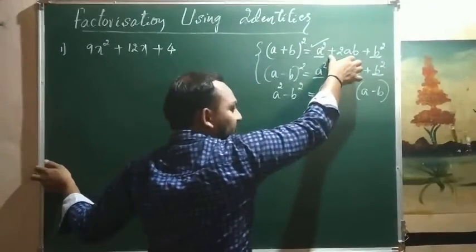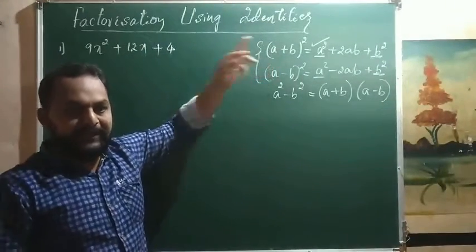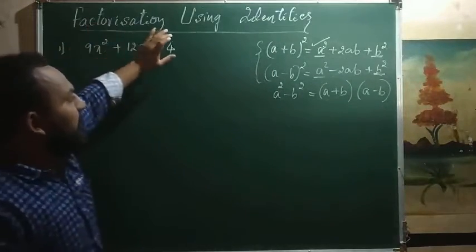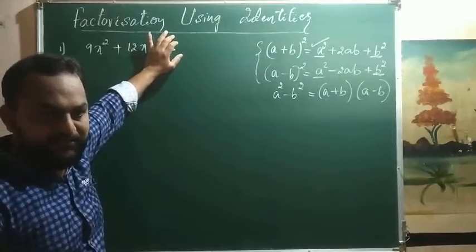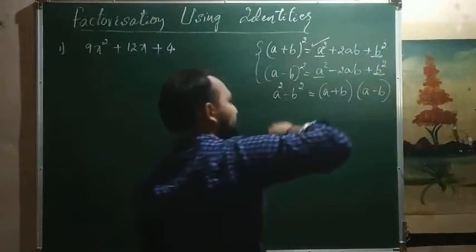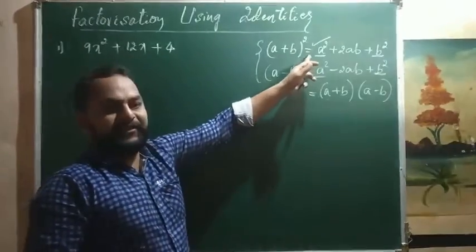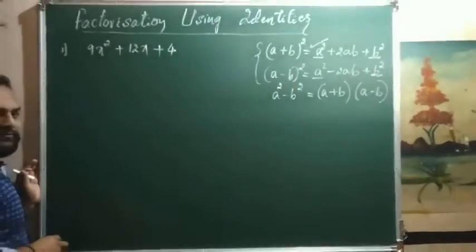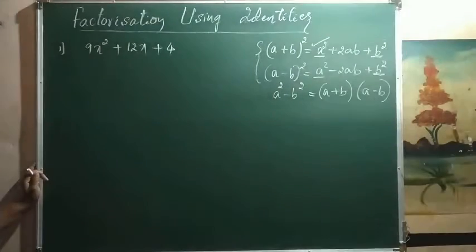The sign of the middle term is positive, so we must use this identity. The third step is that the first and third terms must be perfect squares. Only if they are perfect squares can we use this identity; otherwise no identity can be applied. Yes, the first and third terms are perfect squares.